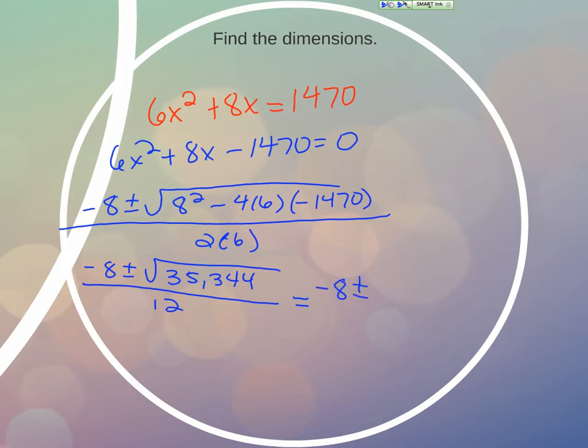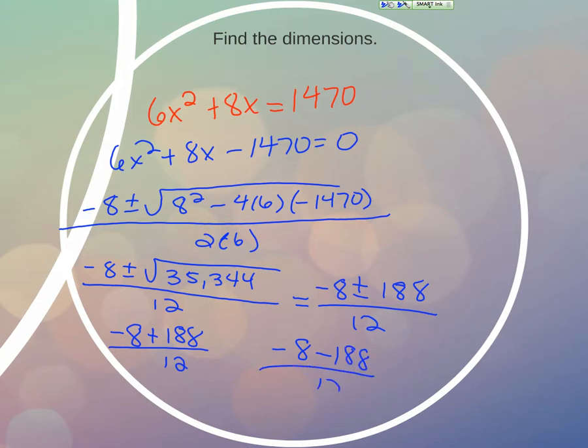So the square root of that is going to be 188. So now we can split it up into both different parts. So negative 8 plus 188 divided by 12, and negative 8 minus 188 divided by 12. So for the first one, I get 15.